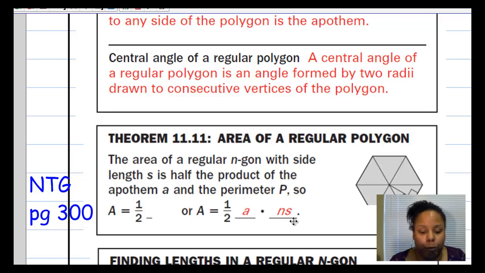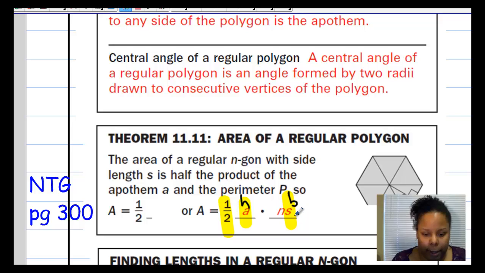So this basically rearranged what we already did. In our particular example, we used 1/2 the base, which we said was S, the side length of the polygon, and A to represent the height, and we multiplied it times N, which is the number of triangles. And in this case, the number of triangles in this regular polygon is 6, but in the previous example, we had 5.